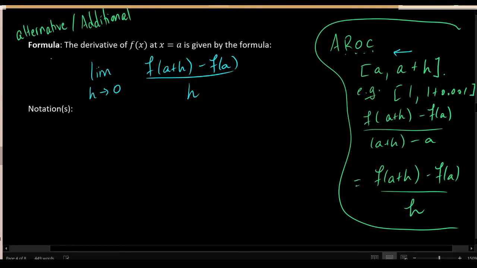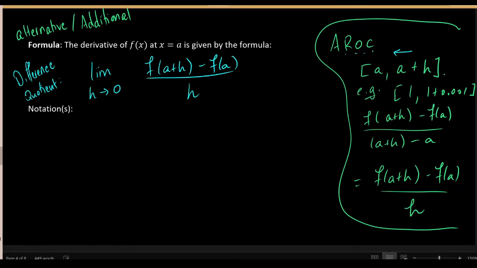So this is called the difference quotient formula for the derivative. Difference because of the subtraction that is happening in the numerator, quotient because we have a fraction here, difference quotient. And there are a couple of ways to represent this quantity in mathematical notation.